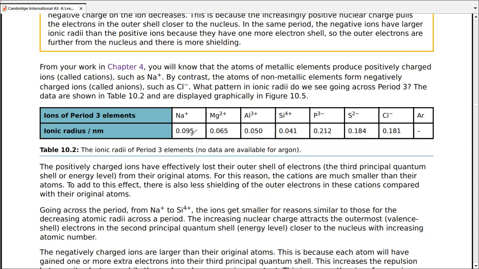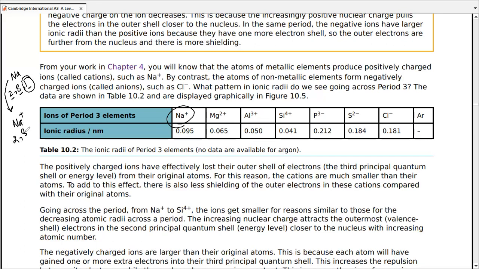Okay, so let's start with sodium ion. If I talk about sodium ion, I hope you understand the configuration of sodium atom is 2,8,1, which means there are two electrons in the first shell, eight in the second, and one in the third shell. Now, if I convert that into sodium ion, of course, that is by losing this electron.